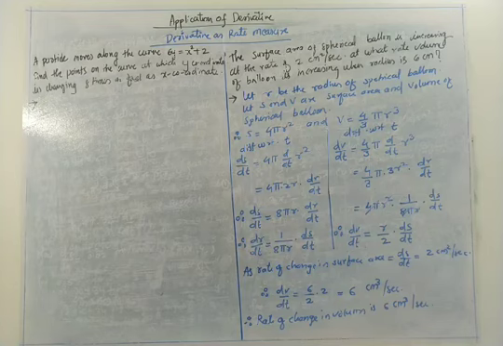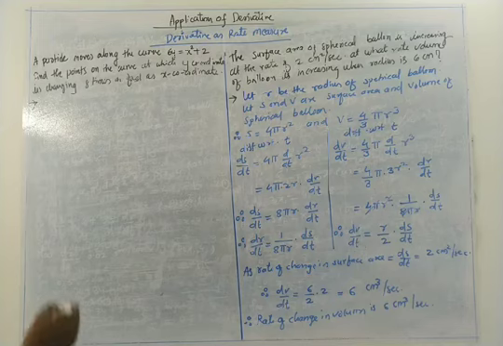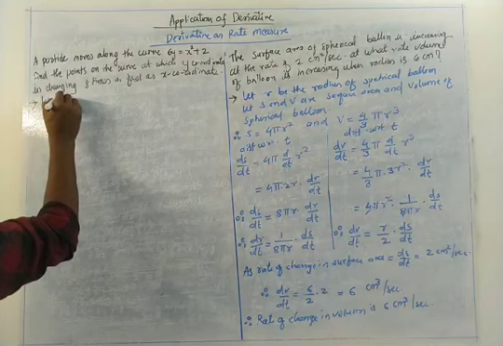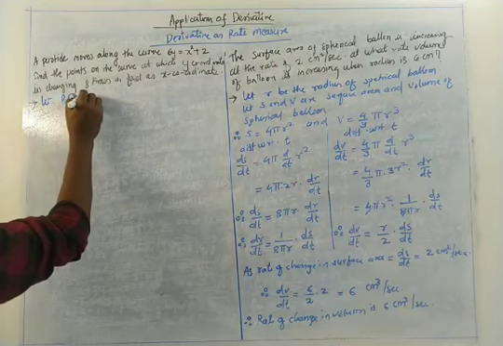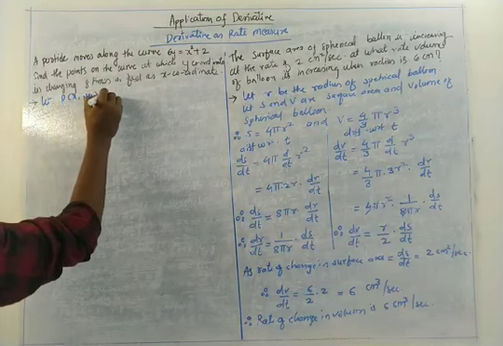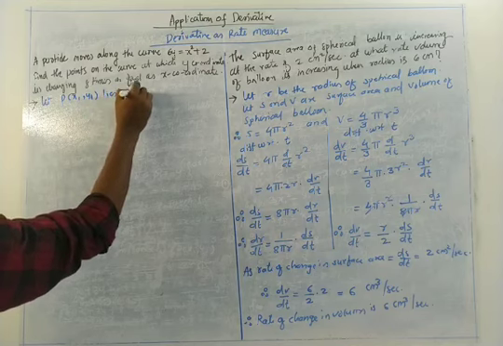Changing y coordinate is dy by dt, and changing x coordinate is dx by dt. So here the particle is moving along the given curve 6y is equal to x square plus 2. Now we have to find the point. So let's assume that point P(x1, y1) lies on the curve.